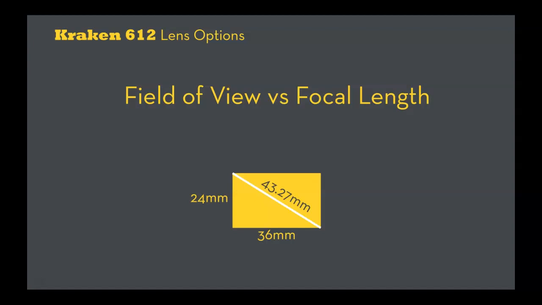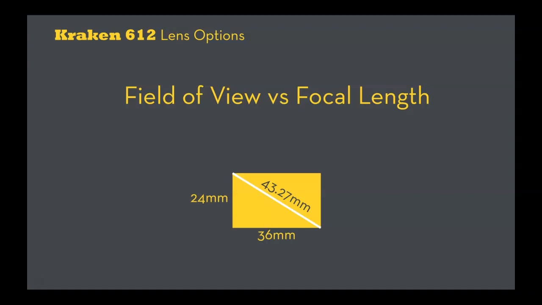Now, there are purists out there who will say the only true way of knowing when you have a normal range is whether or not it's close to that hypotenuse number, and this is an okay way to look at it.